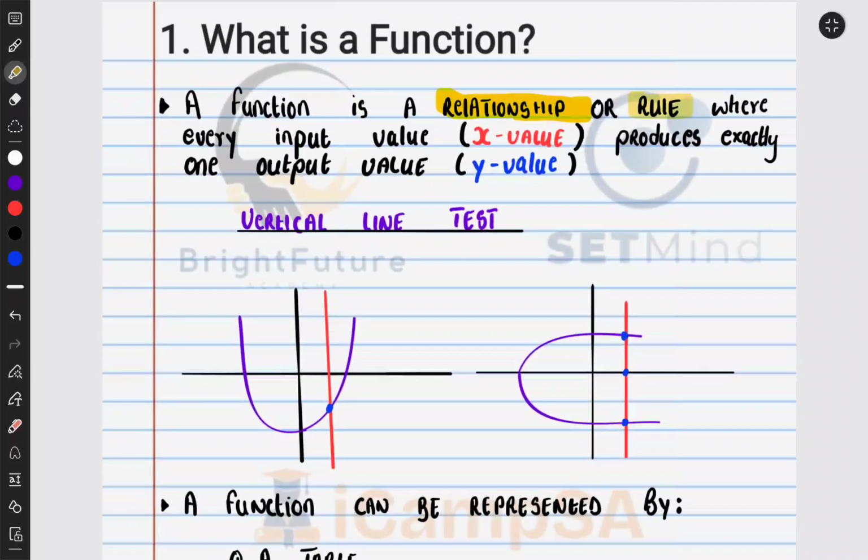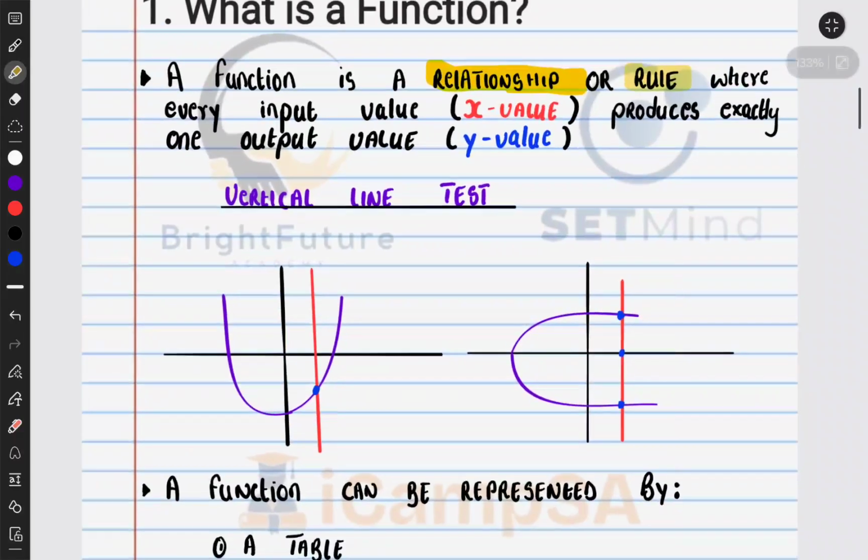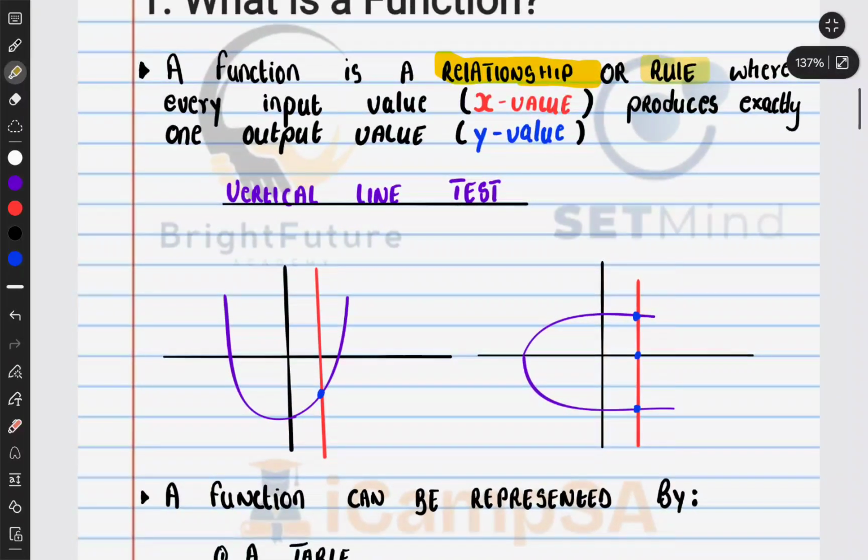There is a test that we use to determine whether a graph is a function or not, and that test is called the vertical line test. When you have two sketches of these two parabolic functions and you draw that vertical line, as you can see with this red line, the vertical line must cut the graph at exactly 1 point.